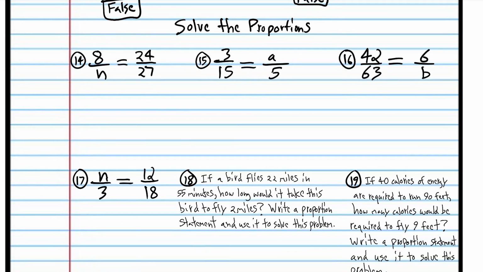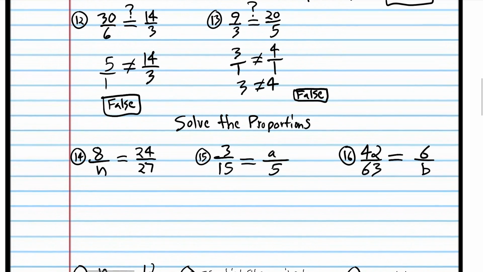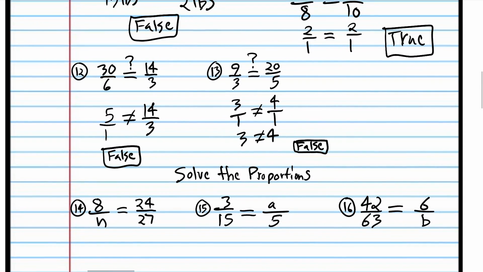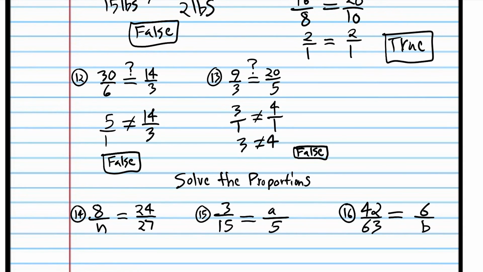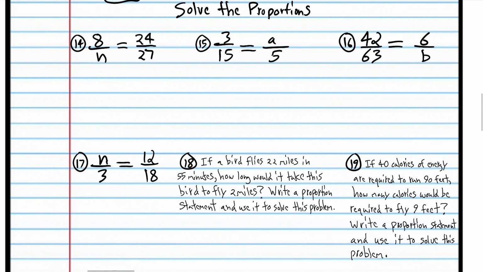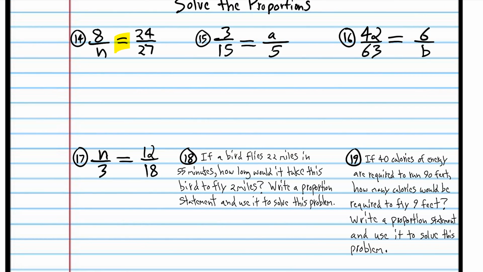So these are problems that represent the biscuit example that I gave at the beginning. In the previous problems, all we were doing was just trying to figure out if the proportion is true. But in these problems, we're assuming that the proportion is true. We're not trying to prove that it is true. We're assuming that it is true, and we're trying to find a missing number in the proportion.